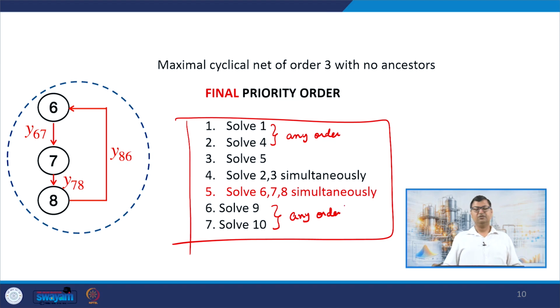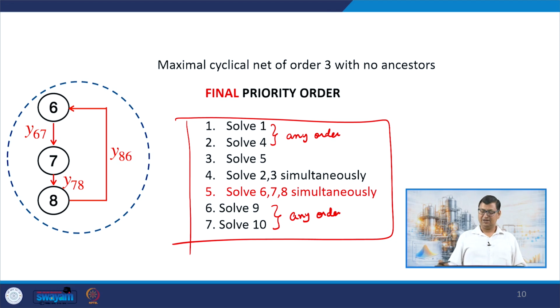So you see, we can therefore develop basically a solution scheme for solving the balance equations for this graph, and the fundamental idea behind it is that it tries to identify the cyclical nets in the graph, which are the ones that have to be done simultaneously, and that is where the computational effort is going to be more, so to speak, right.